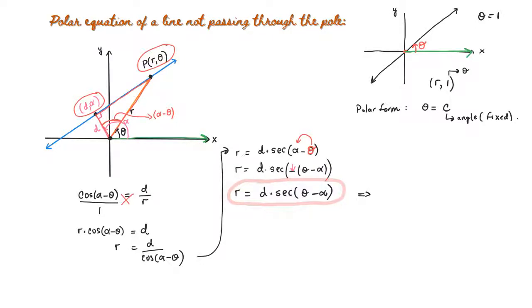You're going to have to know exactly the coordinates of the point on the line that is closest to the origin. So we will have to know d comma alpha. Somehow we're going to have to figure that out. Sometimes it is going to be given to us, sometimes it will not be given to us, and we're going to have to figure out d, and we're going to have to figure out alpha. I'm going to do an example to show you how to do that when we may have to explore a little bit deeper.